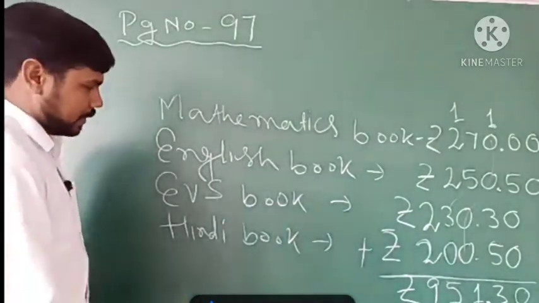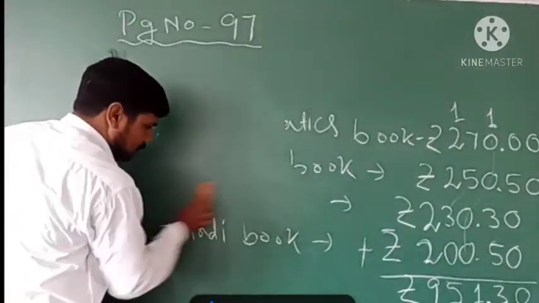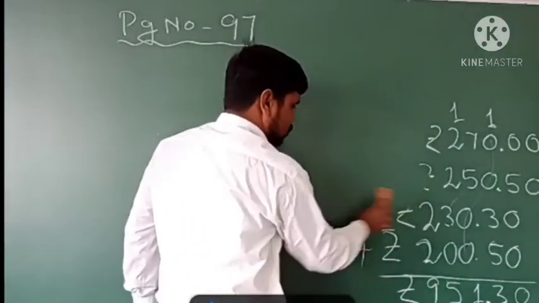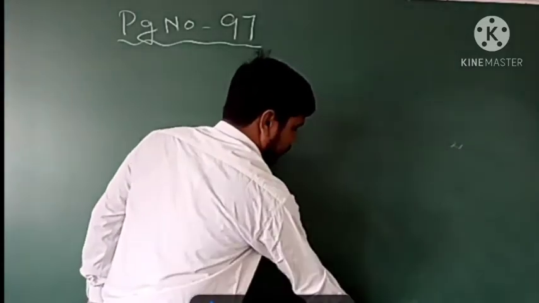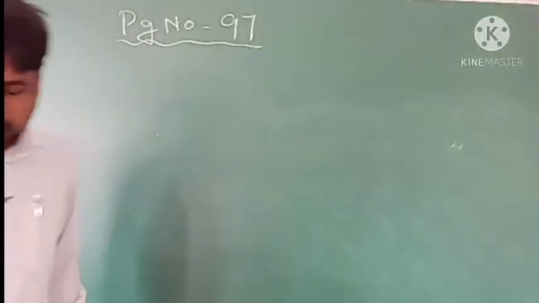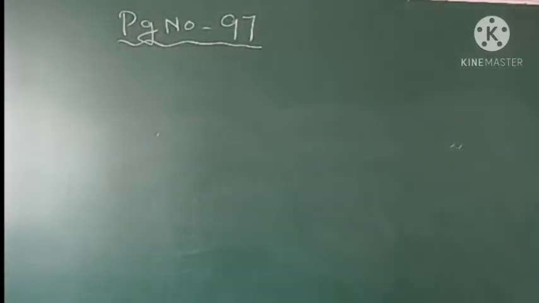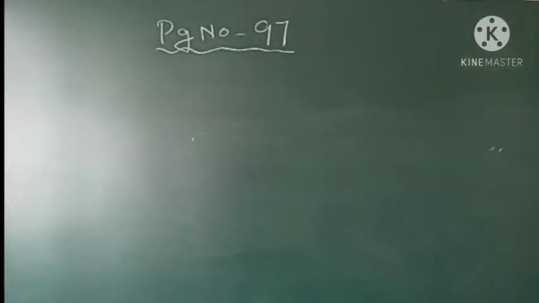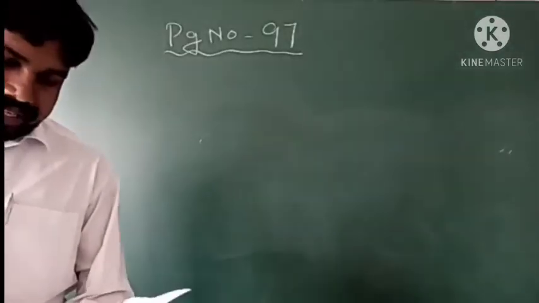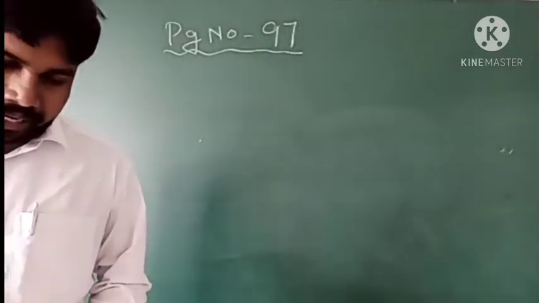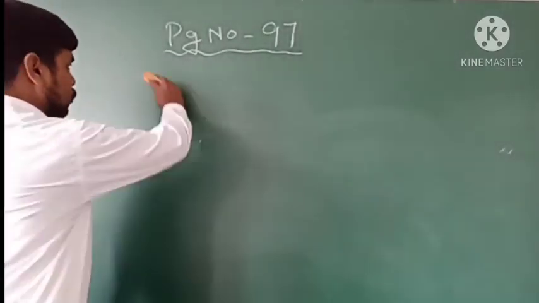Except that, if we revise once the value based questions or miscellaneous exercise questions which we have in this chapter, those are all based on the topics which we have learned earlier. So let us discuss some questions from the miscellaneous exercise. Let us discuss some questions related to the MEV now. So in the activity, does anyone have any doubts?